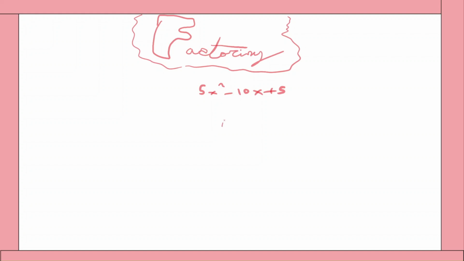So now I'm going to do some other examples for you that you can try out and see what strategy we should use. So if we wanted to use something like this one right here, do we have to use factor by grouping? Well, I don't think so, because we can get the x squared alone. So if we were to take out a 5, we get x squared minus 2x plus 1.